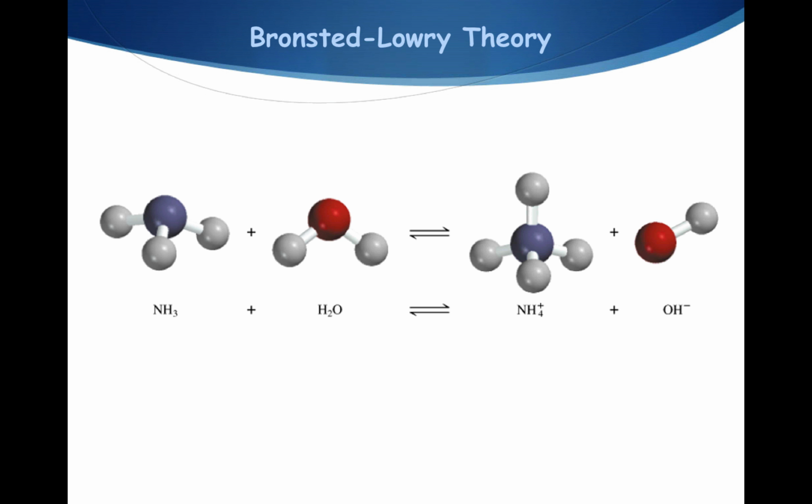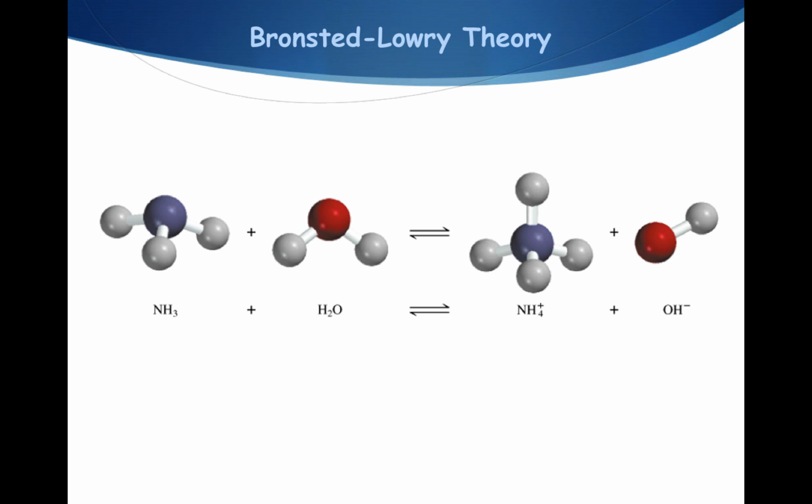Now let's look at this equation that shows Brønsted-Lowry theory. Ammonia, NH3, plus water in equilibrium with the ammonium ion, NH4+, and the hydroxide ion.